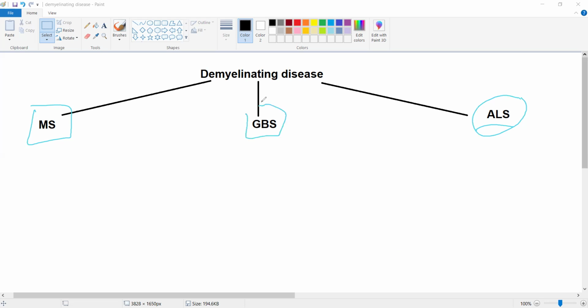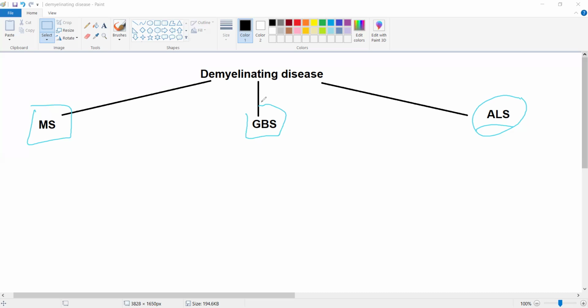What about GBS? Schwann cells, right? And what about ALS? Can anybody tell me the full name of ALS? Amyotrophic lateral sclerosis, right?